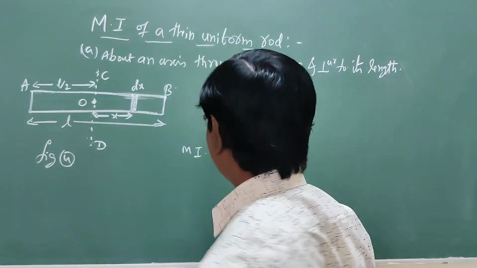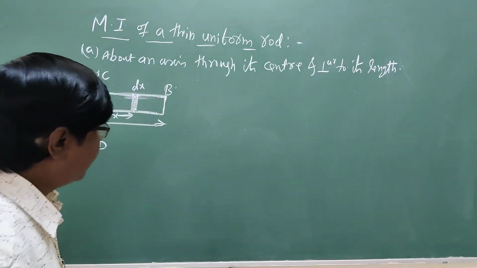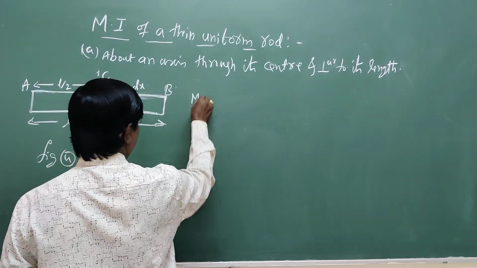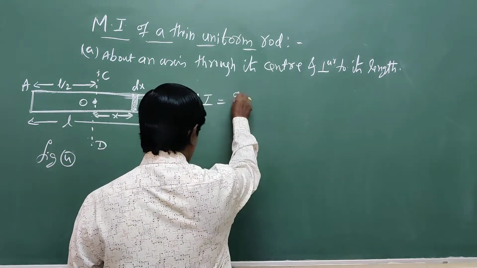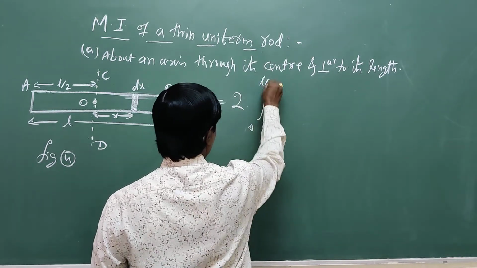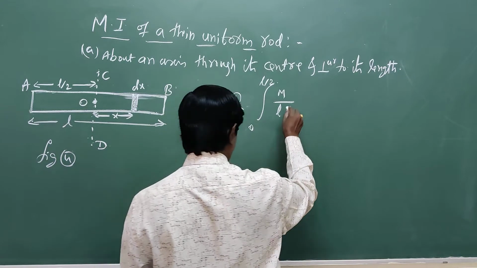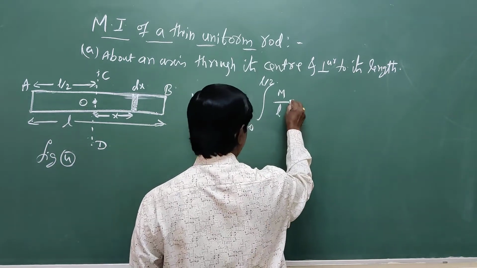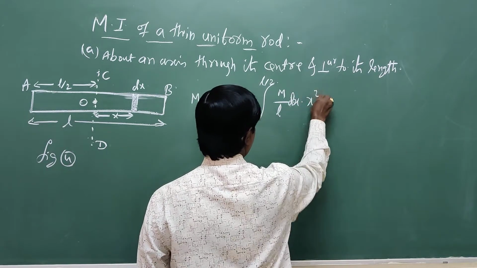Hence, the moment of inertia of the whole body can be calculated. The moment of inertia I is equal to 2 times the integration from 0 to L by 2 of m divided by L into x square, sorry, dx into x square.